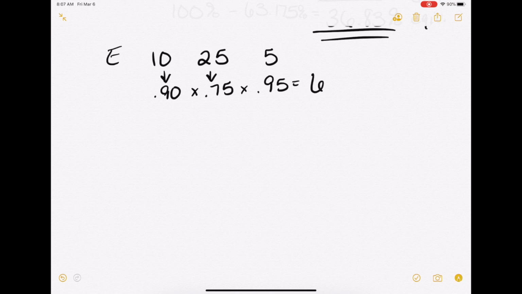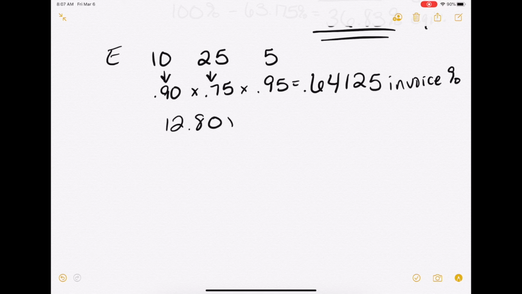So we would have a total of 0.64125, and that would be our invoice percentage. So our list price is $12.80. We can take that times 0.64125. And we would have to pay $8.21 rounded.